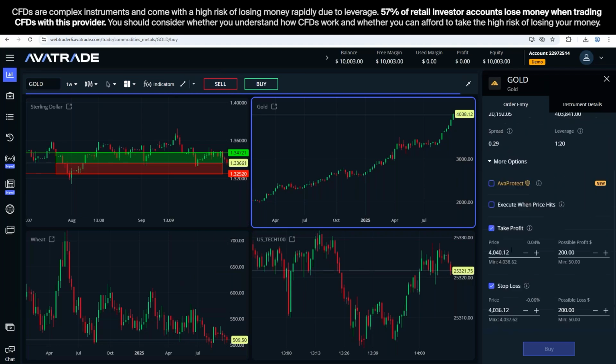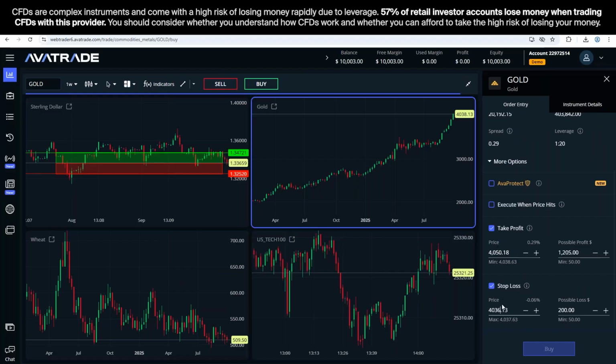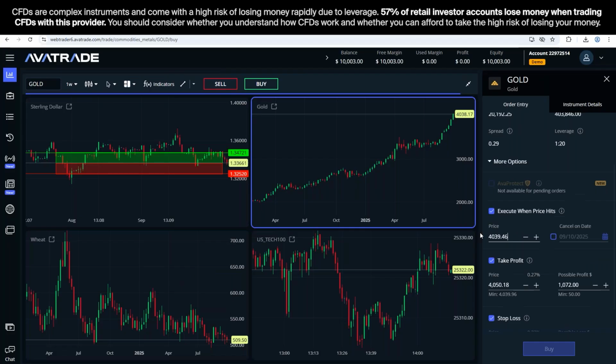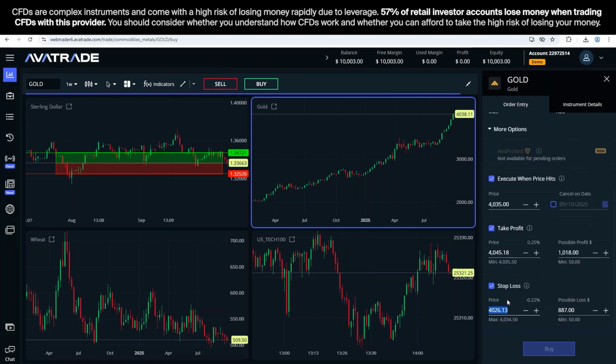We're going to enable also the stop loss, and then we're going to extend this to be 50, and then minimize this to be 20. Then we're going to click here, make the execute when price hits go to a flat 35. And then we'll make this one 45. This will be 40, 35, 25, and we are amazing.